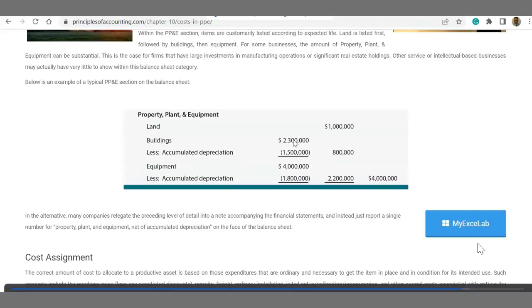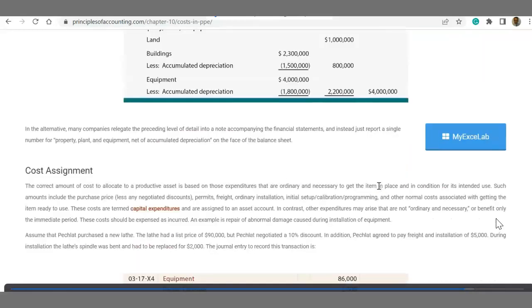So you know how much was the original cost, how much has been depreciated so far, and what is the net book value of your building. For the equipment, same thing again. You have equipment or machinery less accumulated depreciation, equipment, and that gives you the net equipment balance that you will still depreciate in future. If you add them up, it gives you the total PP&E, like $4 million in this example.